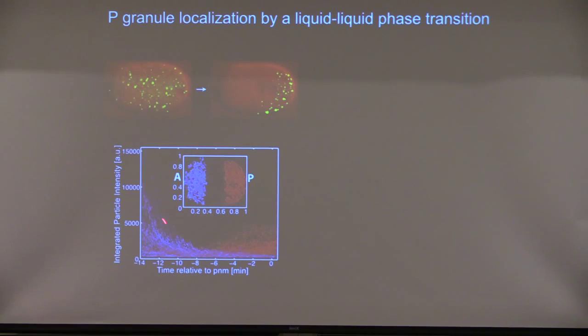As a function of time, this is integrated intensity, so something like its size goes down and down and down in time if it's in the anterior. If it's in the posterior, there's initially a sort of decay, but then it stabilizes and can actually grow. So there's a spatiotemporal gradient in the stability of these structures that gives rise to them all being on one side versus none on the other.